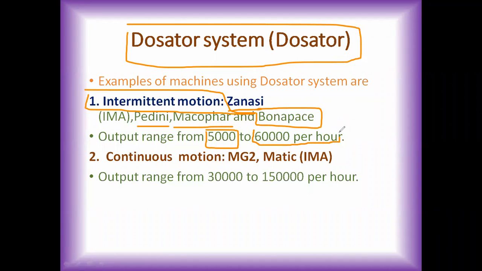And then the second type is the continuous motion, where we have companies such as MG2 and Matic, also called IMA.